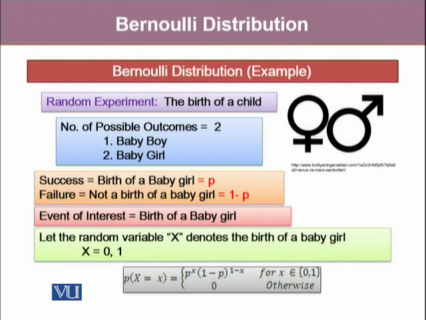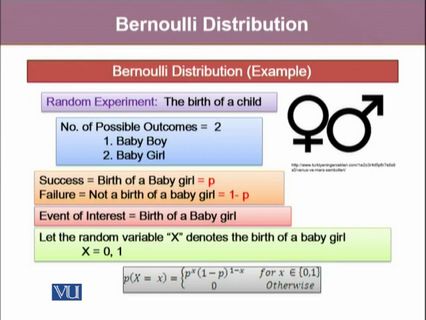So from this random experiment, we got a random variable X that's denoted by the birth of a baby girl, where X can take values 0 or 1. This probability mass function can only be true for the values 0 and 1.